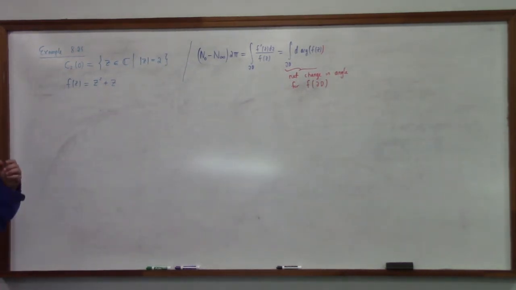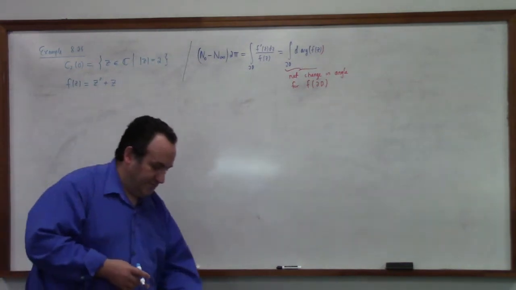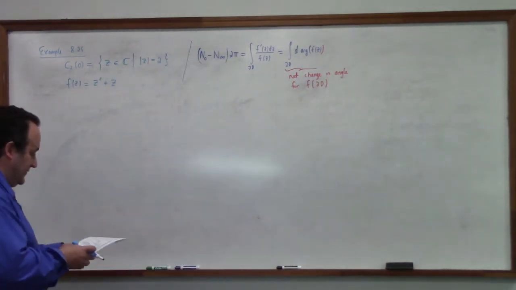The example in Gamelin's more impressive because first of all, the image curve is way more complicated, and second of all, you can't just factor the polynomial you're looking at. Like, what are the zeros of z squared plus z? Do we need the argument principle for this? Certainly we don't, right? You guys can tell me the zeros of z squared plus z. What are they? -1 and 0. But again, for the purpose of illustrating the argument principle, let's go through it.